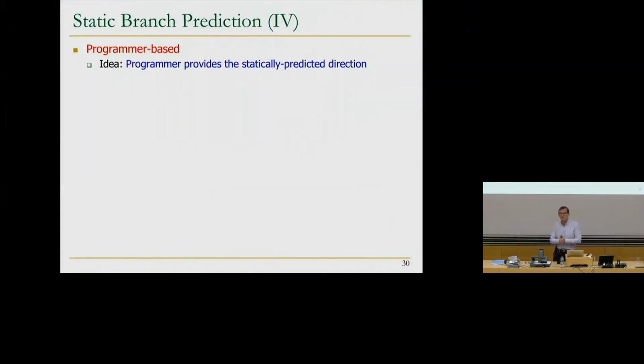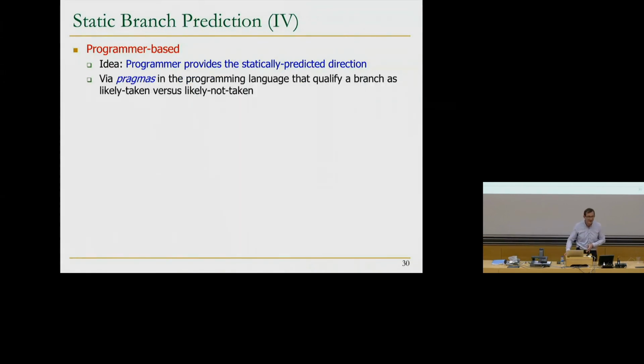So basically, in this case, the programmer provides a statically predicted direction. So as a programmer, you can do it actually. There are some languages that allow you to do it. Basically, you use what's called pragmas in the programming language that qualify a branch as likely taken or likely not taken. So I'm going to give you an example in the next slide.